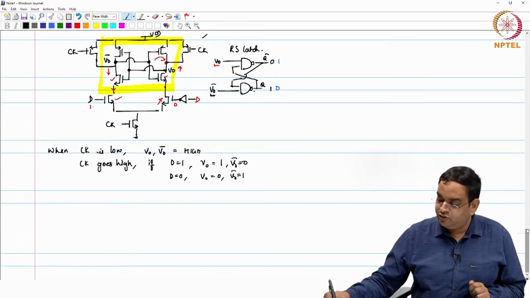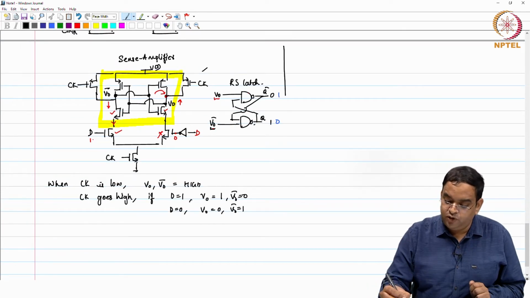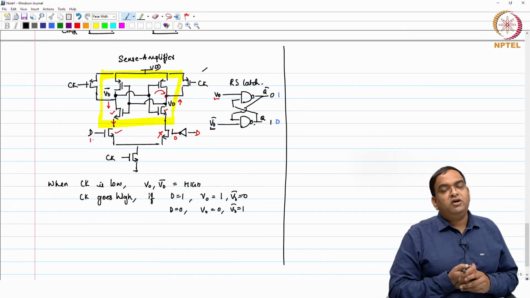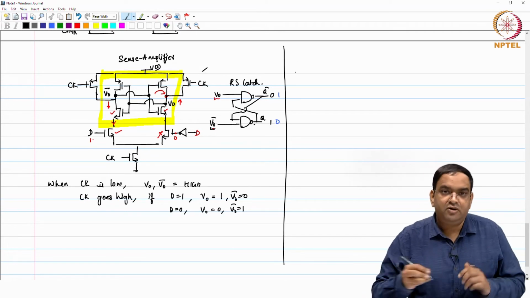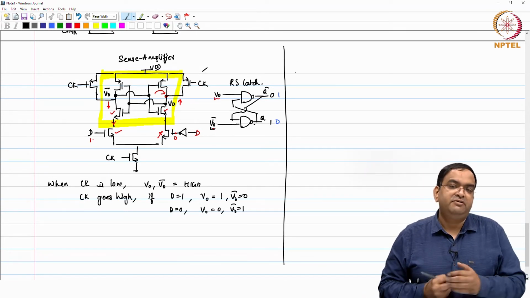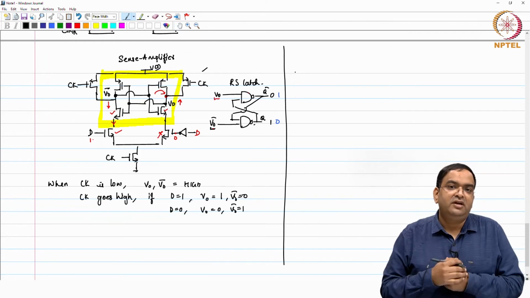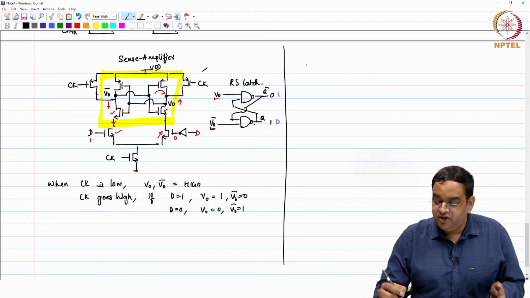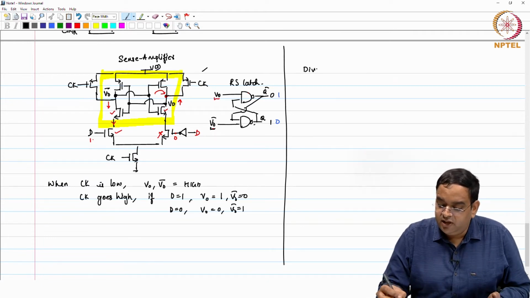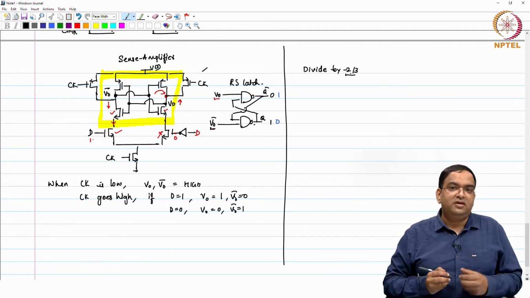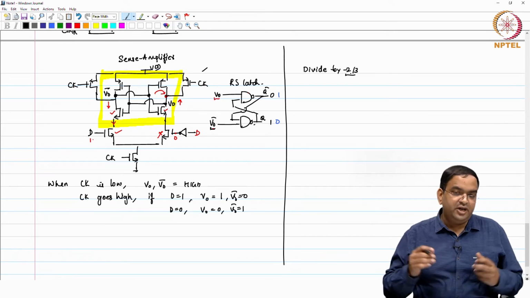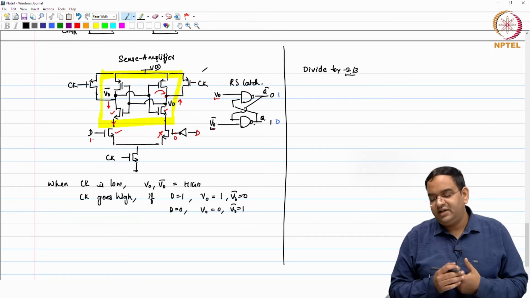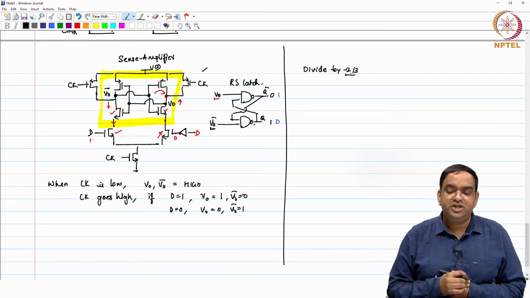What we have seen so far is a divide by 2 or 2 power n. Quite often you need frequency division not only in 2 power n, you need frequency division like 4, 5, 6, 7 or something of that kind. Those things can be realized by using divide by 2 or 3, which is a basic circuit, and based on this basic circuit you can cascade such circuits to realize different frequency division values.